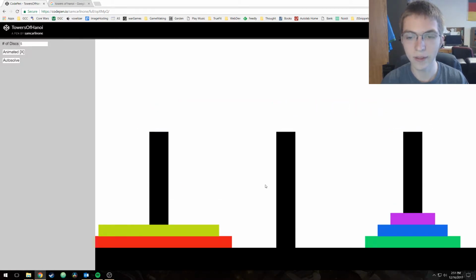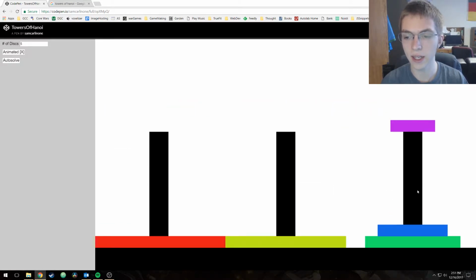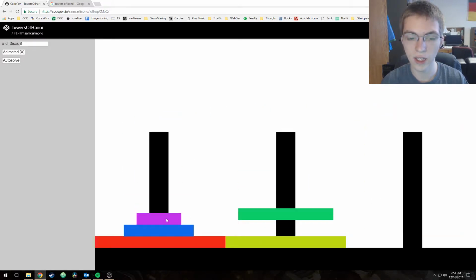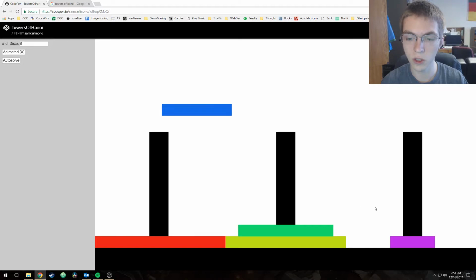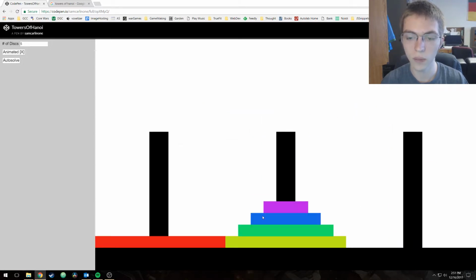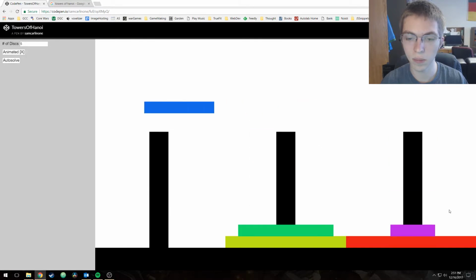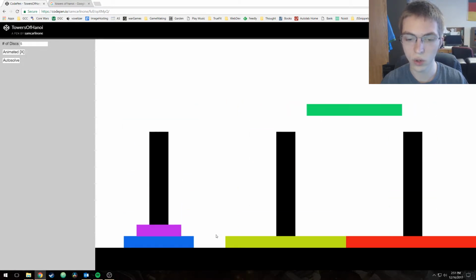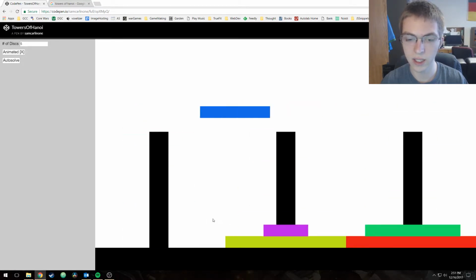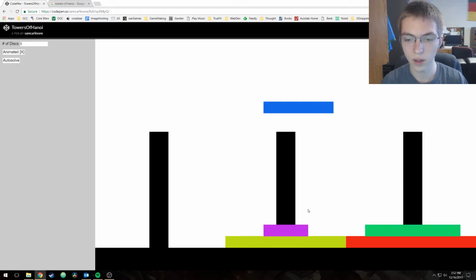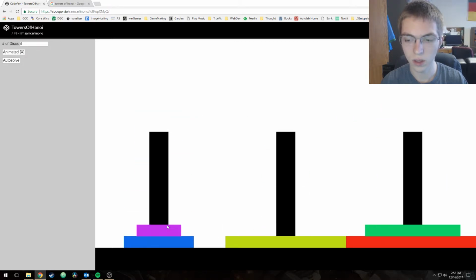At this point, I've done it enough times that I can kind of just know how to do it, but as you can see, it's basically where you use the other bigger disks as sort of a place to store the disks that you can't currently move because they're trapped under something, and I just did that wrong. Oops.